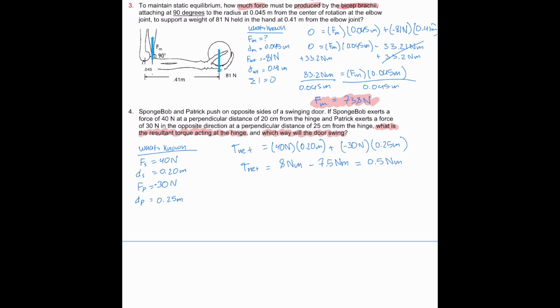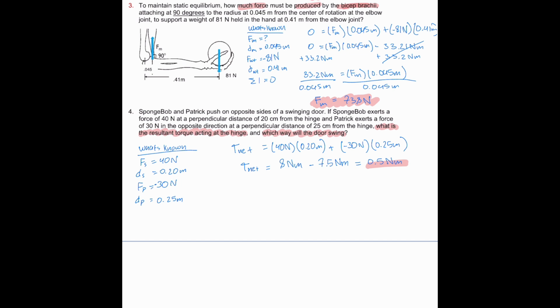Since we see the total net torque is in a positive direction, and we kept SpongeBob's torque positive, we can infer from this that the direction will be pushed towards SpongeBob.